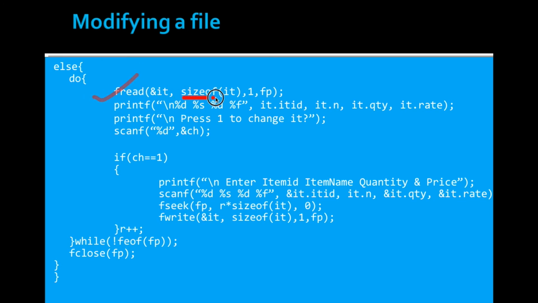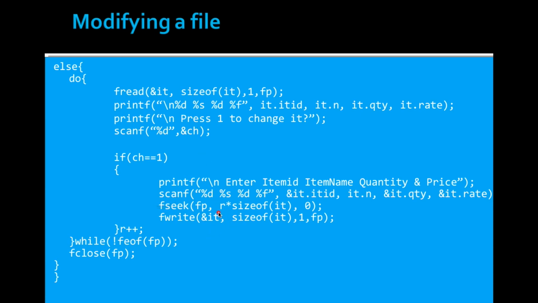So first, sizeof it, I want to read only one record and store it in it. Now if I want to change it, I enter the new data, and it is going to scan data from the user. Now I want to modify the record that we have already written into the file.